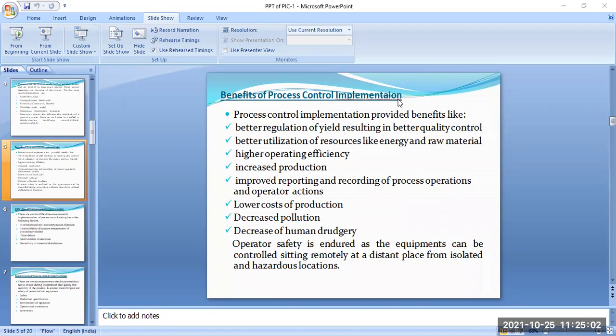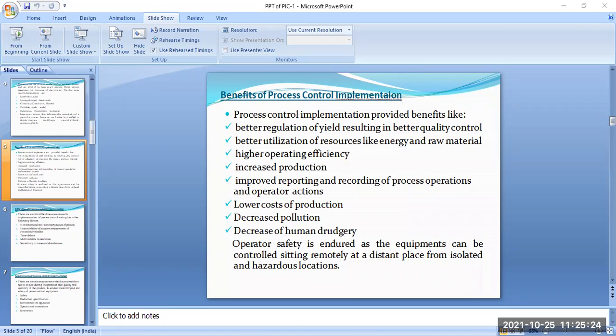Number 3, you have to follow higher operating efficiency. That means you give an input, and then depending on this input, the process or plant is working, but the output is not given properly, or the output sometimes decreases. So that type of error is occurring, that is, losses are occurring.